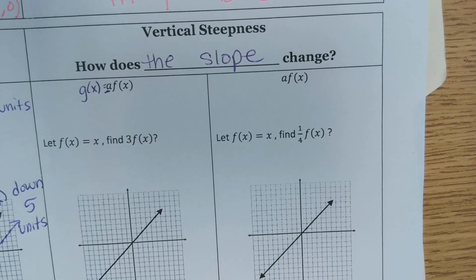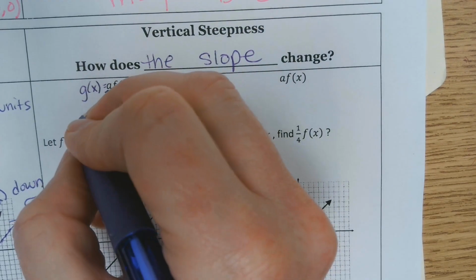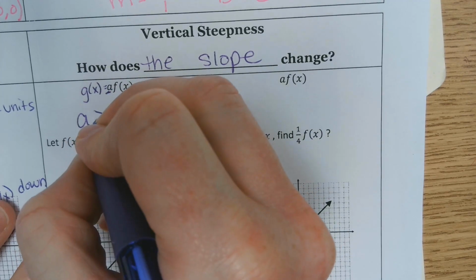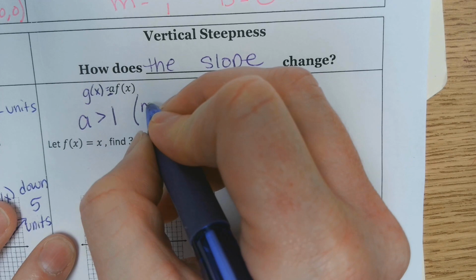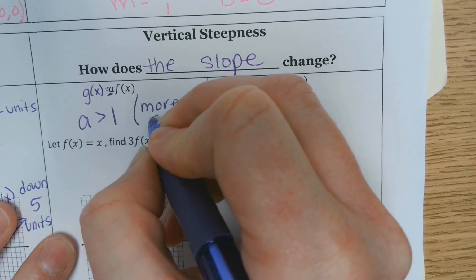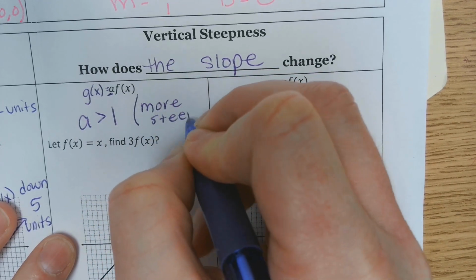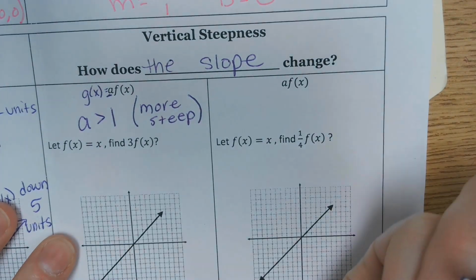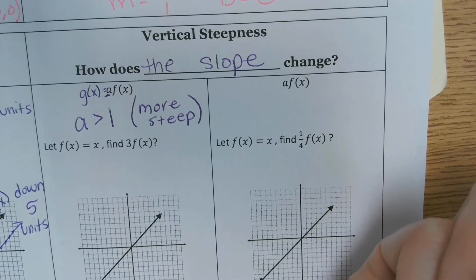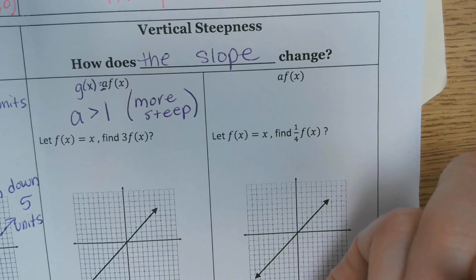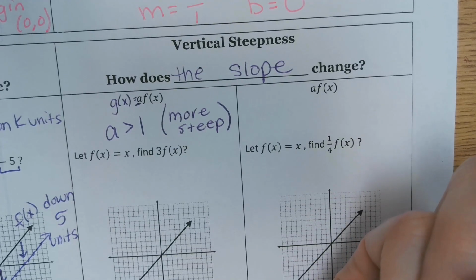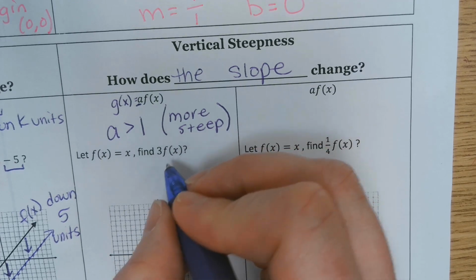So for it to be steeper, the a, whatever a is, has to be greater than 1. This tells us steeper or more steepness. So it's changing the slope whenever you do the a, and it's also by a certain factor.